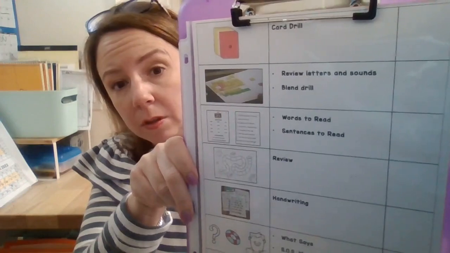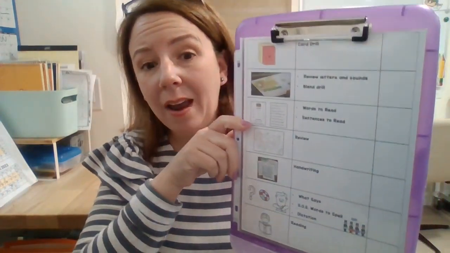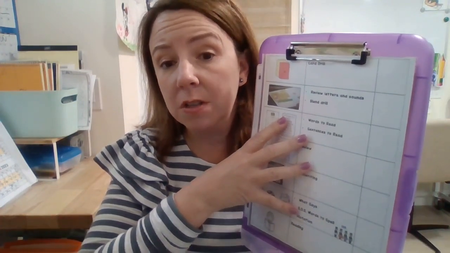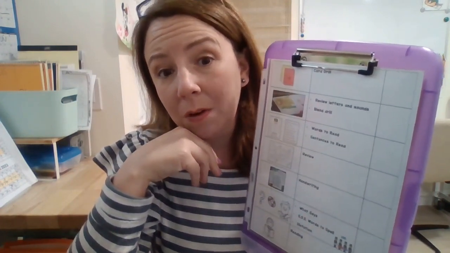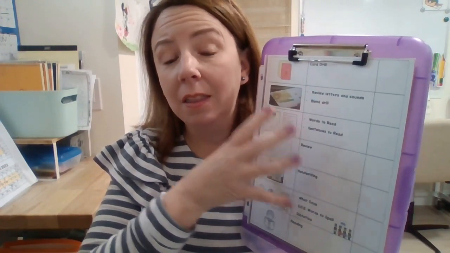I'll just hold it up a little bit closer. Now, everybody in Orton-Gillingham has sort of a similar format, but there may be some variation. And so you can create a checklist like this for yourself, but the one that I have may not necessarily work for you. But for my students that I was working with, this is really helpful.